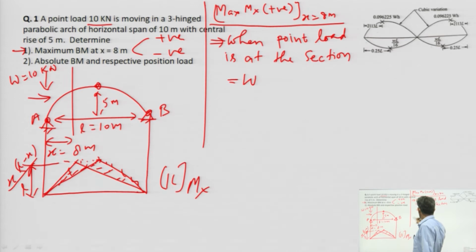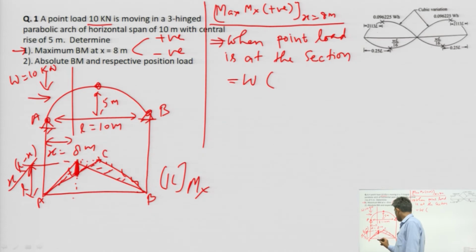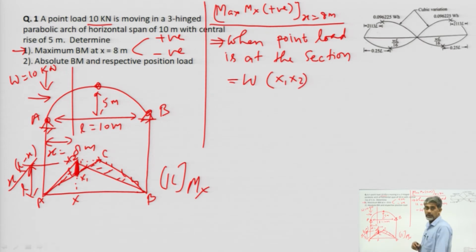Its value will be load W into the ordinate. Say this is A, this is B, and suppose this is the crown C, this is x, this is x1, and suppose this is x2.